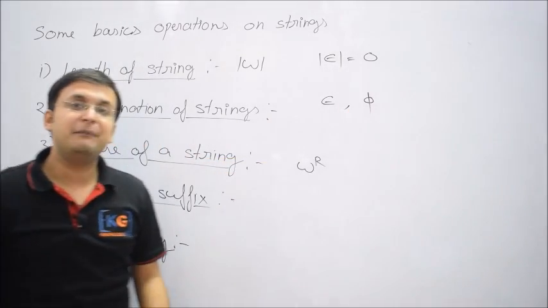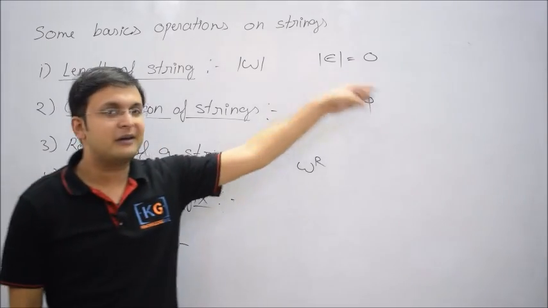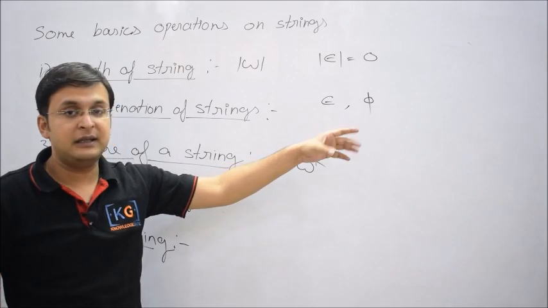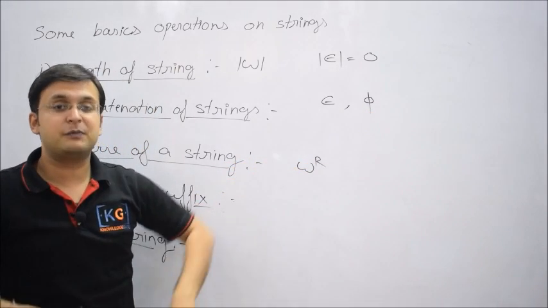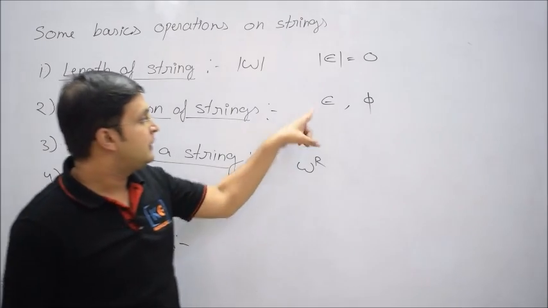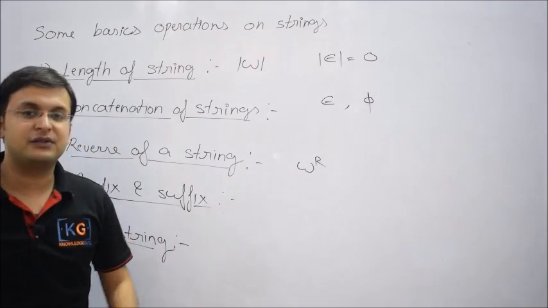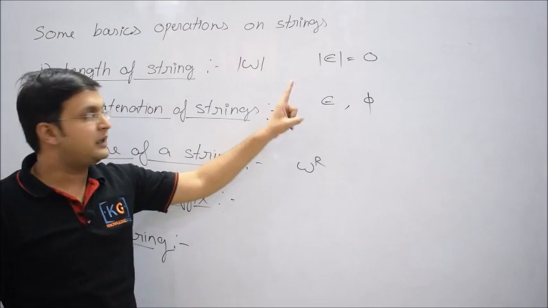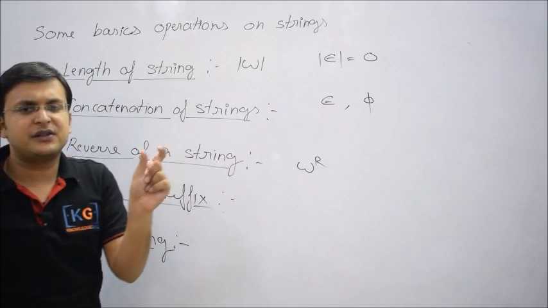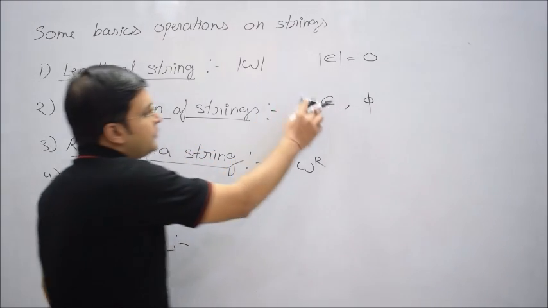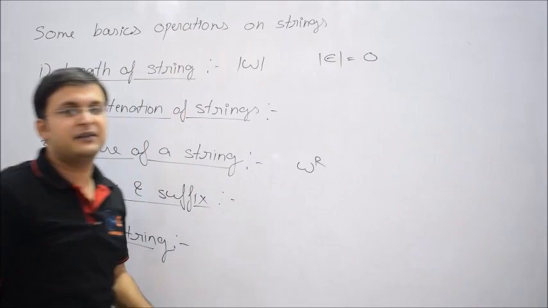Phi is an empty set, or a null set, which does not contain anything. Similarly, epsilon, or null, is a string but of length 0, not a set. So if somebody asks you what is mod epsilon, certainly the answer will be 0.